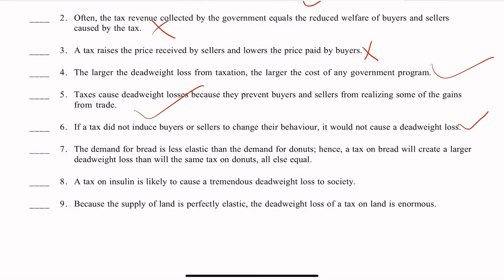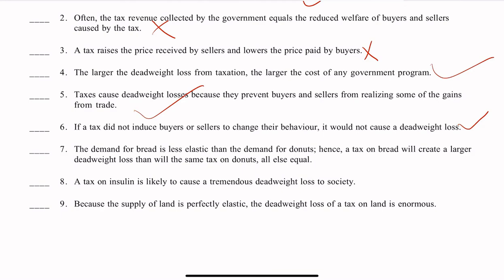Seventh, the demand for bread is less elastic than the demand for donuts, so a tax on bread will create a larger deadweight loss than the tax on donuts. This is not right, because we know that deadweight loss is larger for more elastic demand.